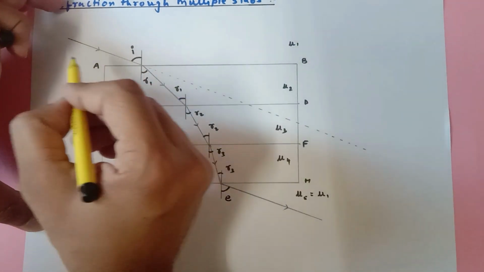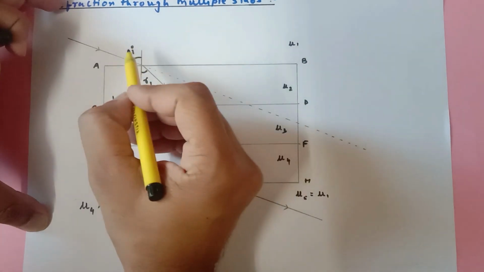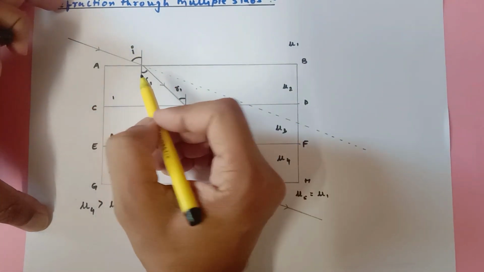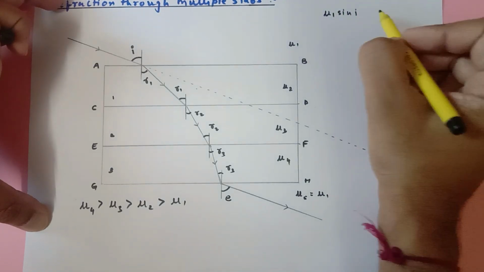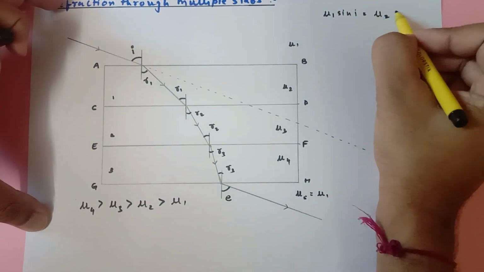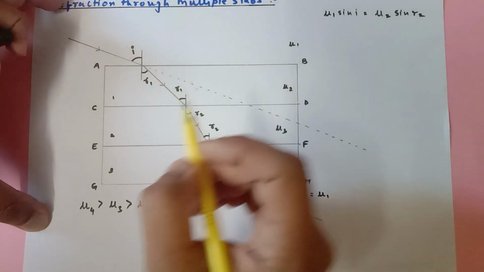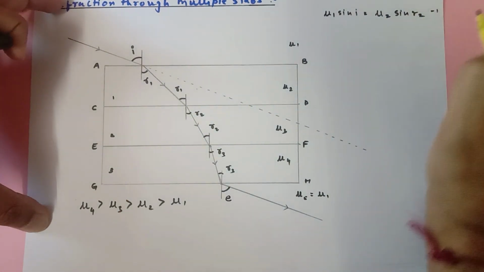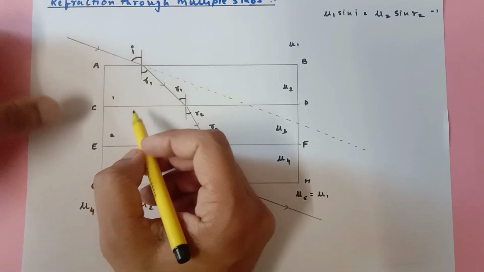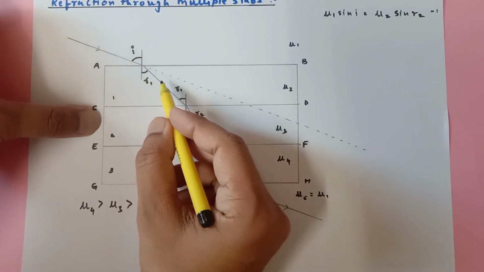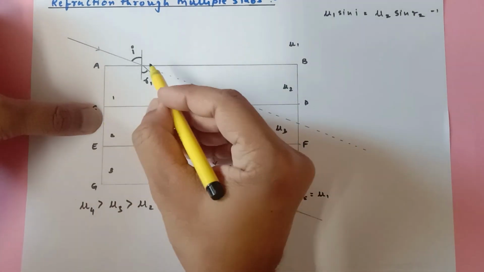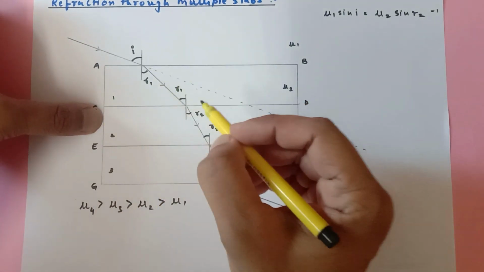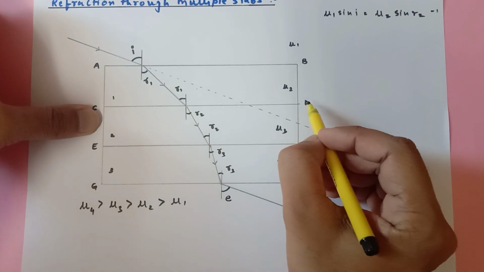If we write Snell's law for this surface, mu1 sine I is equal to mu2 sine R1. This is equation number 1. Now the same refracted ray touches surface DC, and this refracted ray now behaves as the incident ray for CD.